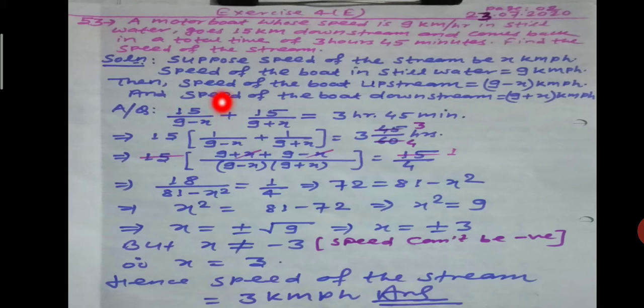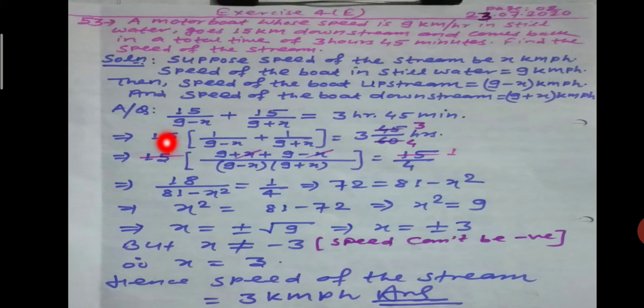So the time taken by the boat to come back 15 km upstream will be 15 upon 9 minus x, plus downstream he goes 15 km and the speed of downstream is 9 plus x km per hour, and the total time taken is equal to 3 hours 45 minutes. This 45 minutes can be changed into hours: 45 divided by 60, then we get 3 whole 3 by 4, that is 4 threes are 12, 3 is 15 by 4.